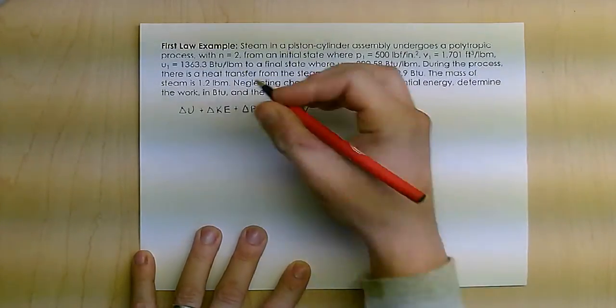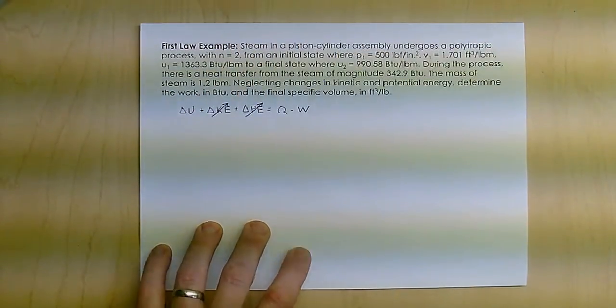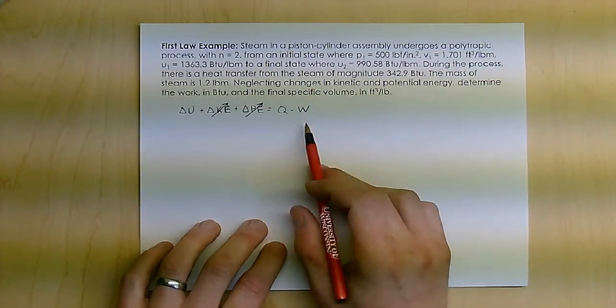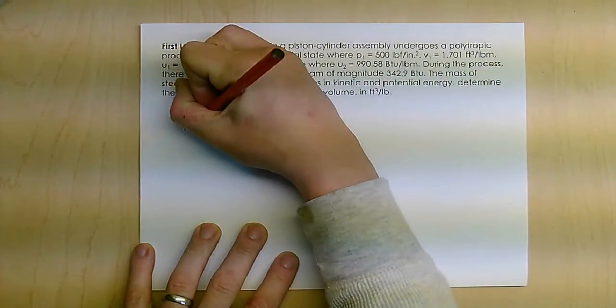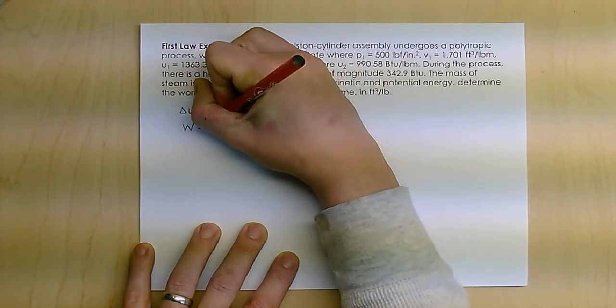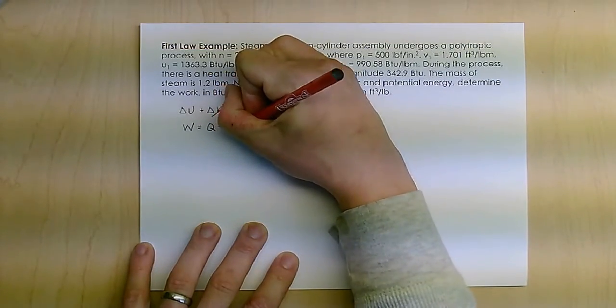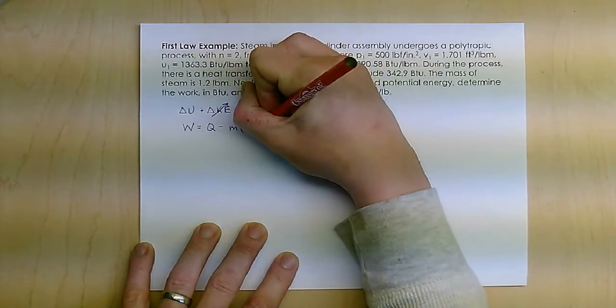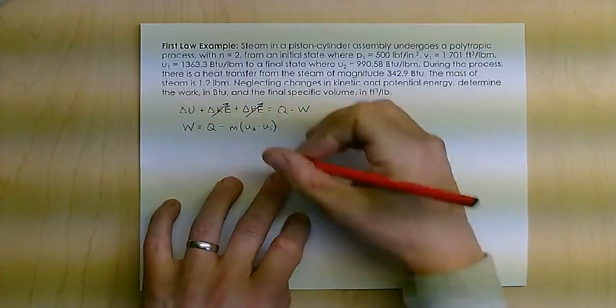Now it says we can neglect the kinetic energy and the potential energy, so we will neglect that. And what we're looking for is work. So I'm going to bring work to this side, and that's going to equal Q minus the change in energy, which is going to be my mass times the specific energy, U2 minus U1.